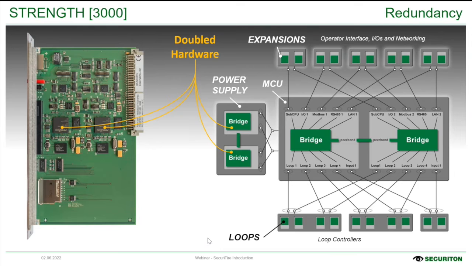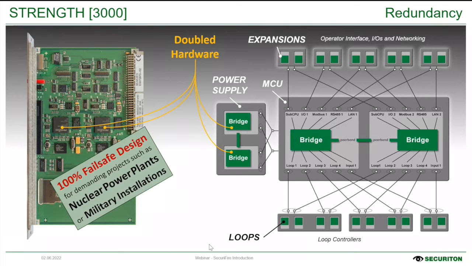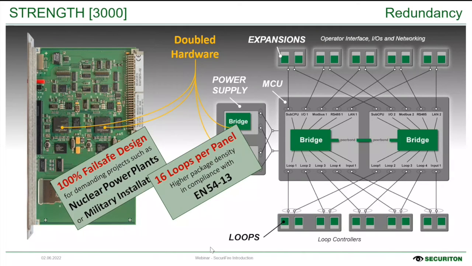Now to the full redundancy of the 3000 version. What we see here is two systems running inside our 3000 version, either by hardware or by software. So either the fully hardware is redundant. It bridges automatically, by hardware and software, if one side fails.